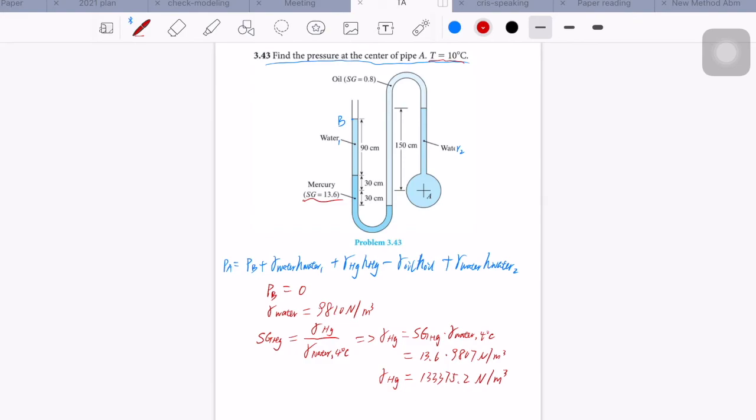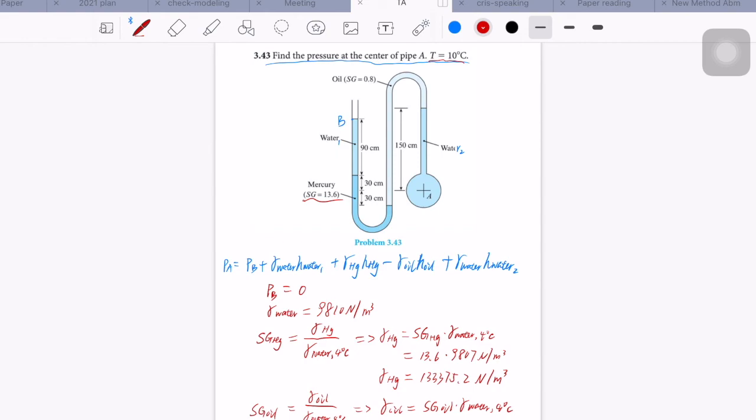Similarly, Sg oil should be equal to gamma oil divided by gamma water at 4 degrees Celsius. So gamma oil should be equal to Sg oil times gamma water at 4 degrees Celsius.